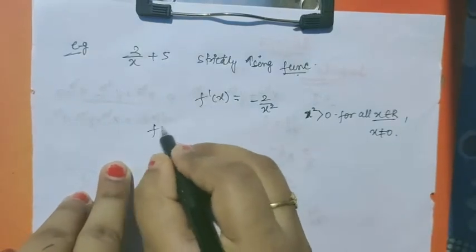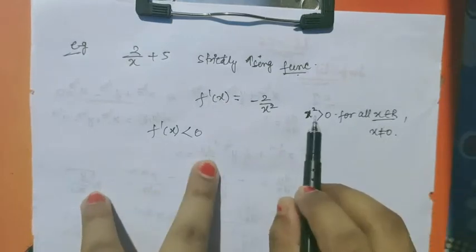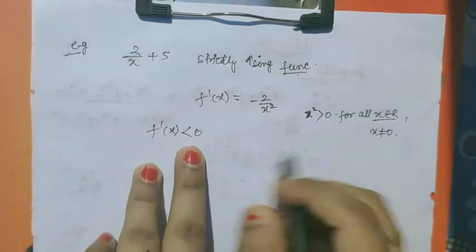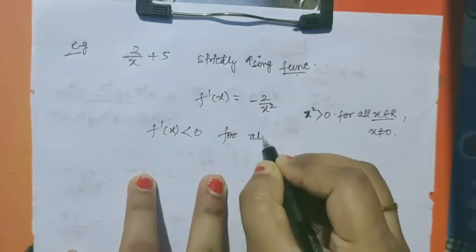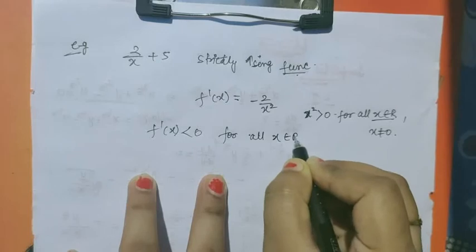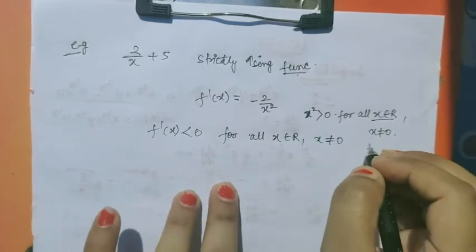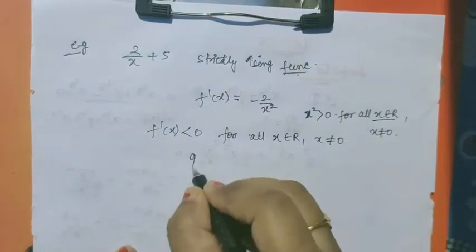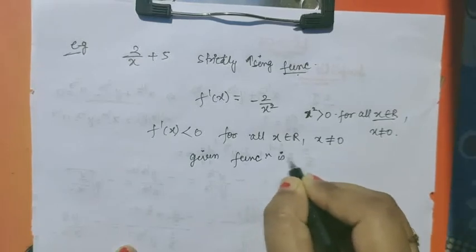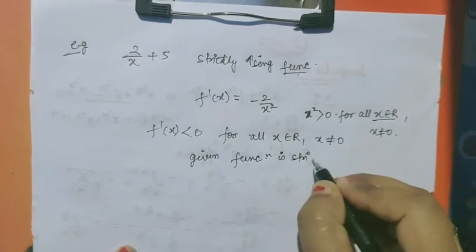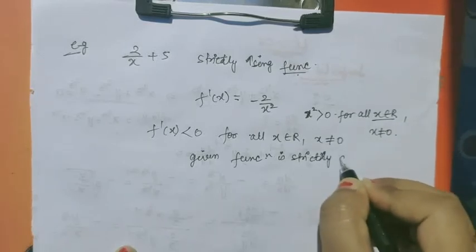So therefore f dash x will be always less than 0. This will never be equal to 0. So we will say that f dash x is less than 0 for all x belonging to R except x equals 0. Okay, so the given function is strictly decreasing.